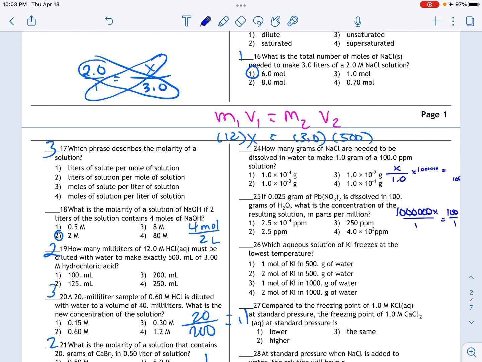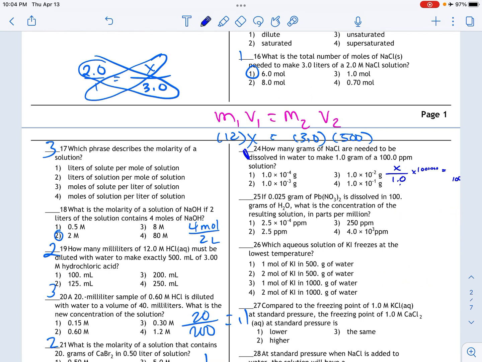We don't actually need to cross multiply, because they're both over 1. So we'll divide both sides by a million. So 100 divided by a million is 0.0001. So that's 1, 2, 3, 4. 1 times 10 to the minus 4. Choice 1.